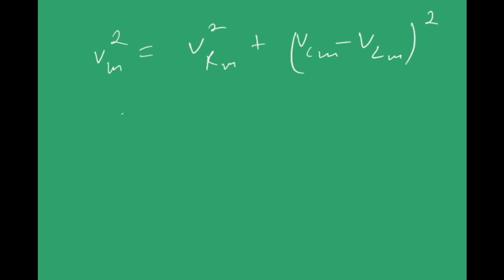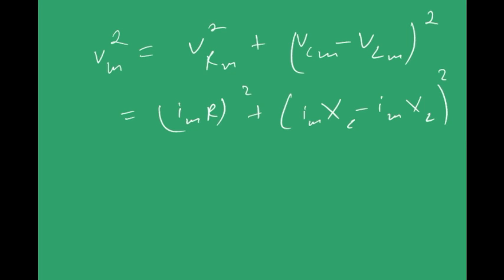Now I'll write Vrm as Im into R, its square, plus Vcm as Im into Xc, where Xc is the reactance of the capacitor, and here I have Im into XL for the inductor.